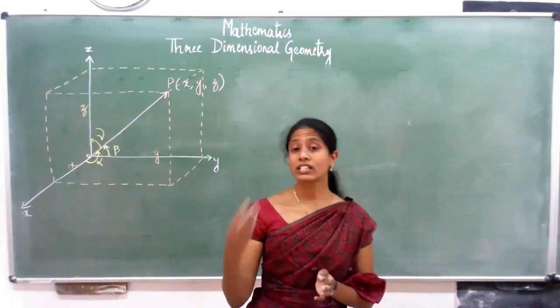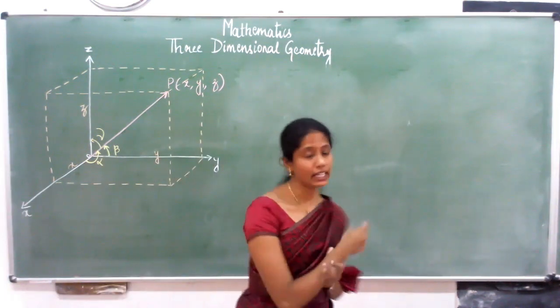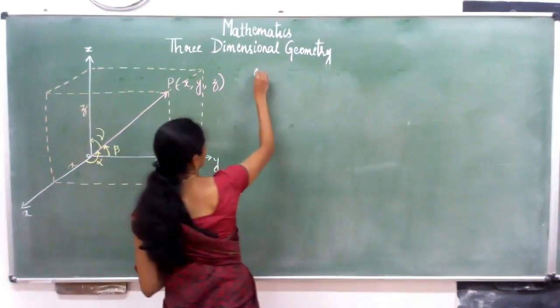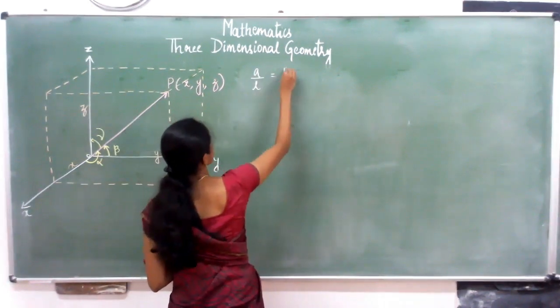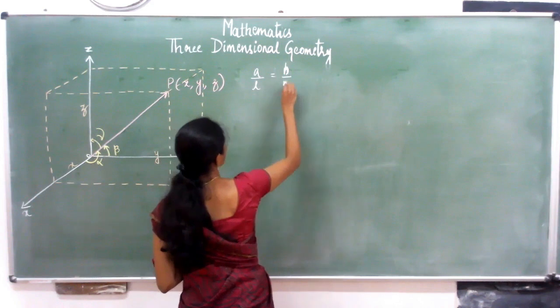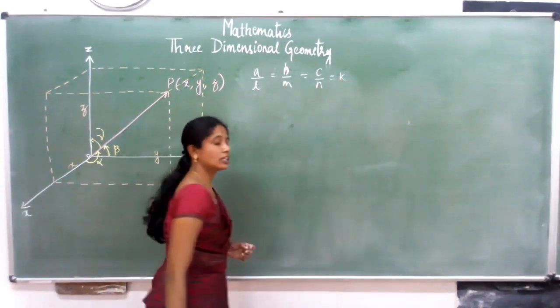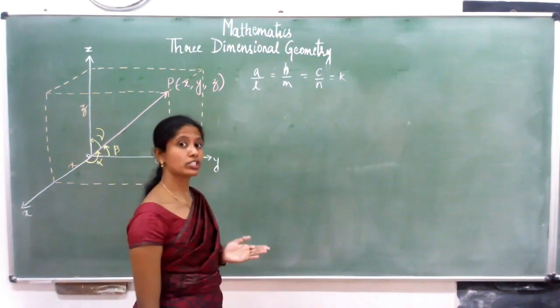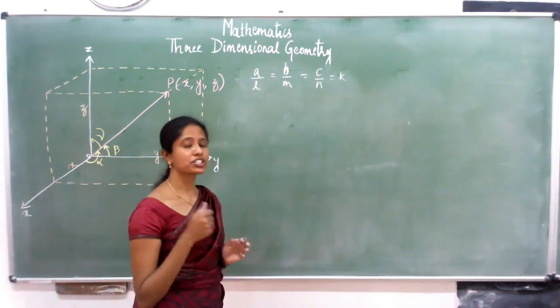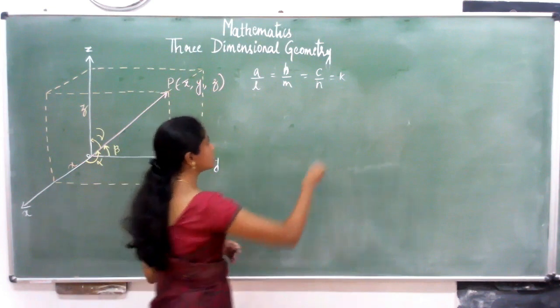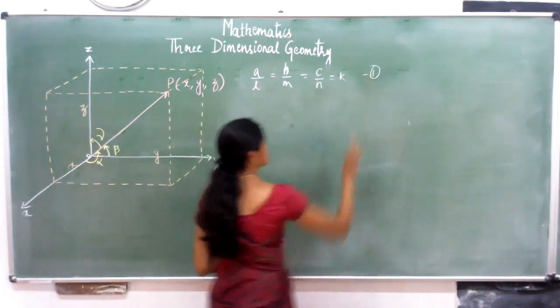Let us find the values of l, m and n. Just now we said that a by l is equal to b by m is equal to c by n. That is, the three numbers A, B, C which are proportional to direction cosines are called direction ratios. This I call equation 1.